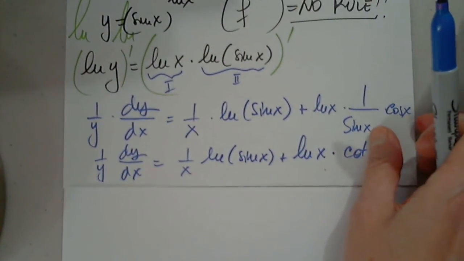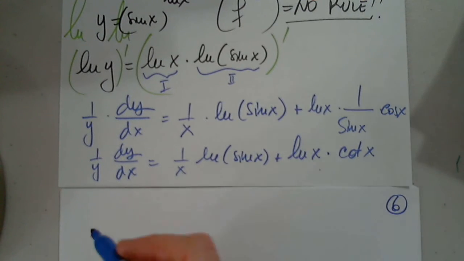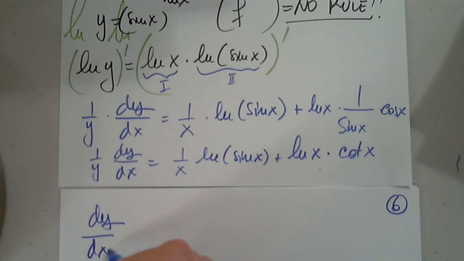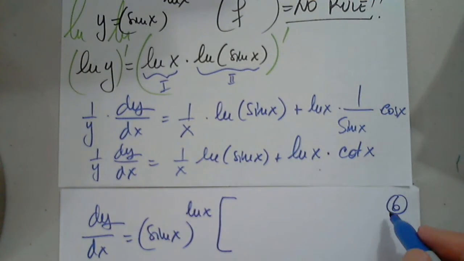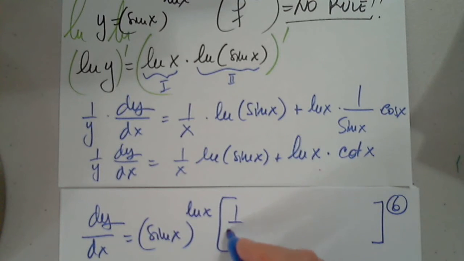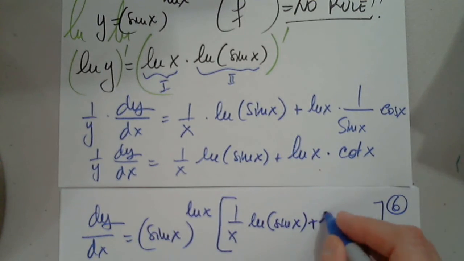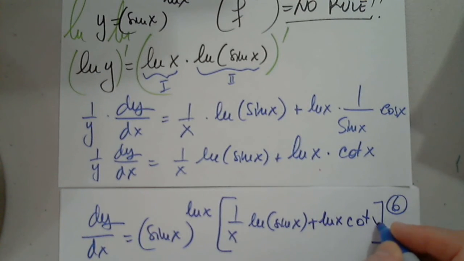And that's it. That's final. So dy over dx equals sine x raised to natural log x, and this whole thing in brackets: 1 over x natural log sine x plus natural log x cotangent x.